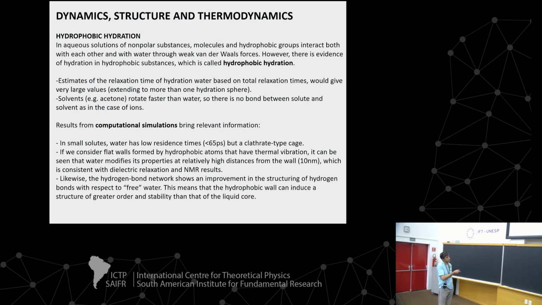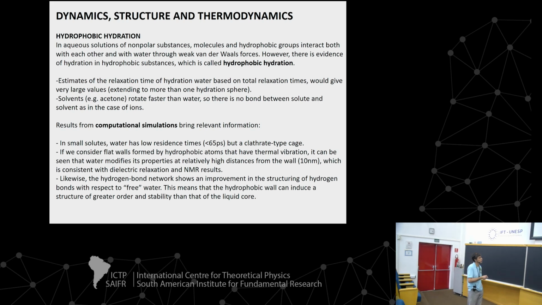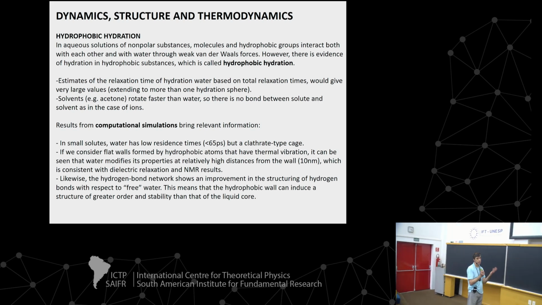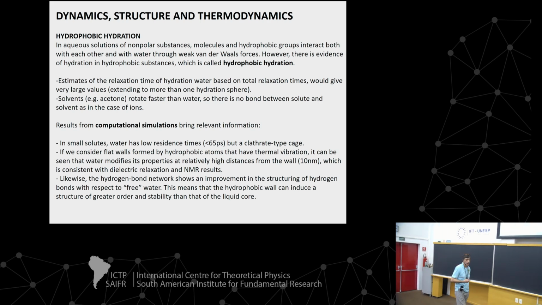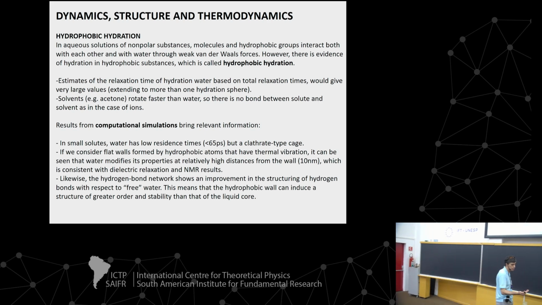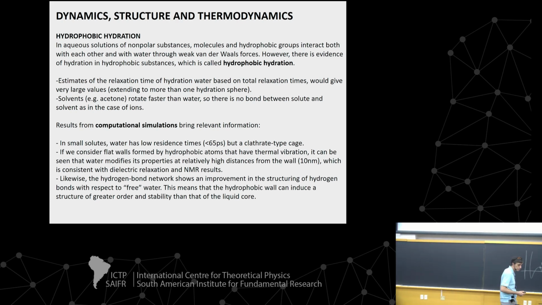And of course, the hydrogen bond network of water can show improvement in order and structure to avoid the hydrophobe. It's possible that you have hydrogen bonds that are more relevant or stronger than in free water. This means that the hydrophobic wall can induce an improved structure in the water in contact with it.